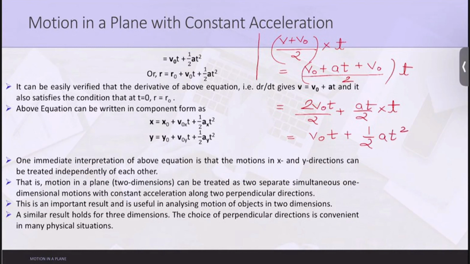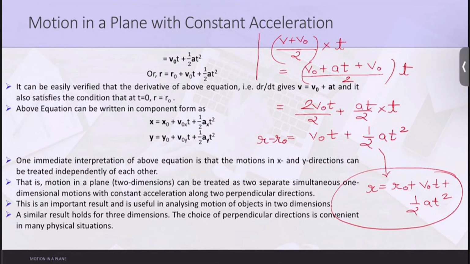This is equal to r minus r naught. Therefore, r is equal to r naught plus v naught t plus half at square, and that is how we derive the second kinematical equation in vector form for the 2D plane.